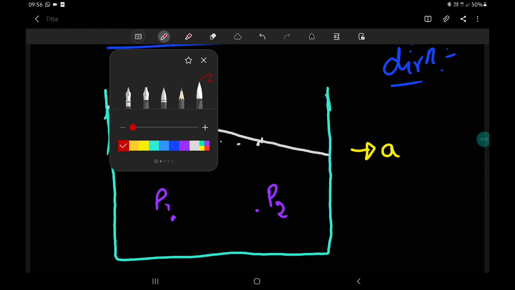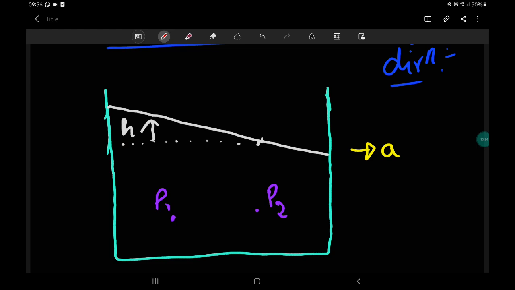Wrong. What I said was the same horizontal level with respect to the surface. See, for this part, the height difference is h2. And for this part, P1, the height difference is h1. You can say directly h1 is greater than h2.